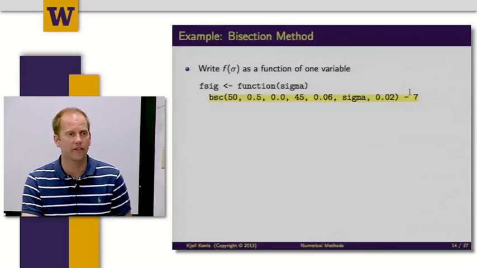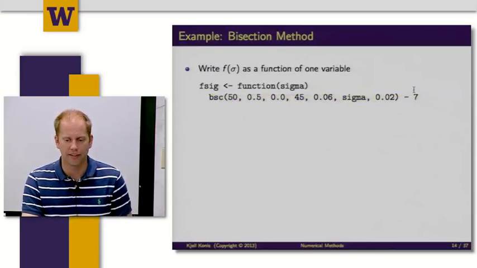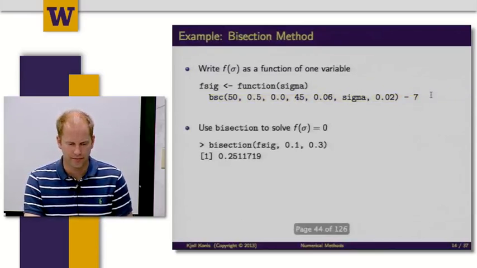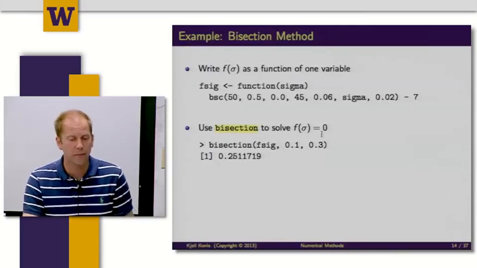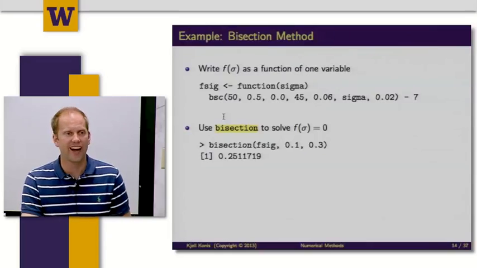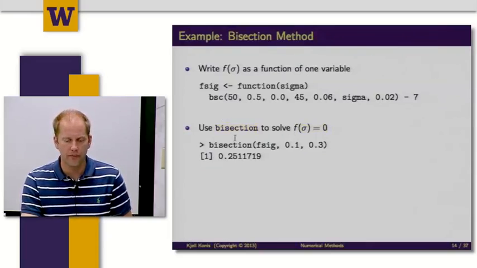So this is the thing that should be equal to 0 when I find the correct implied volatility sigma. And now I just want to use this bisection. Bisection, in typewriter font, is supposed to look like this R code here. Bisection was just the name of the function that I had on the previous slide. So I want to use that function to solve f of sigma equal to 0.